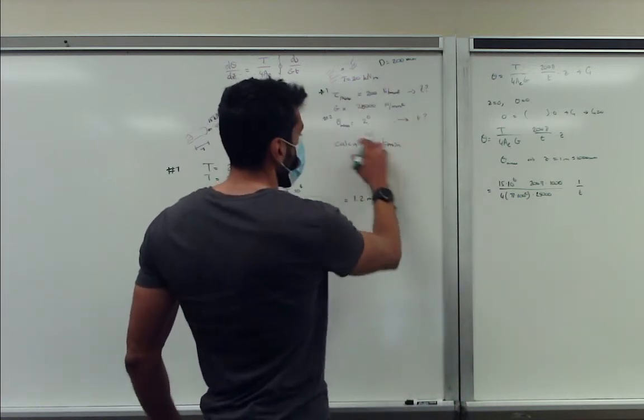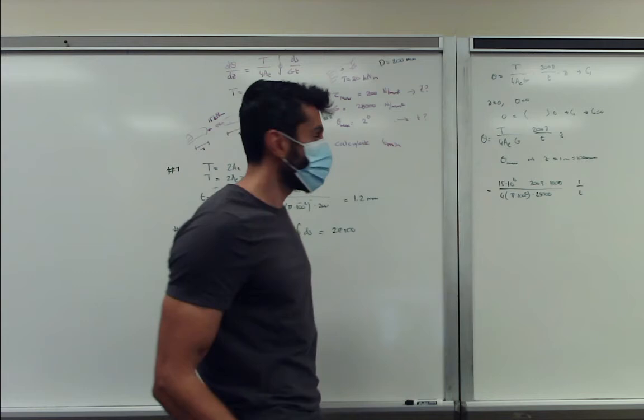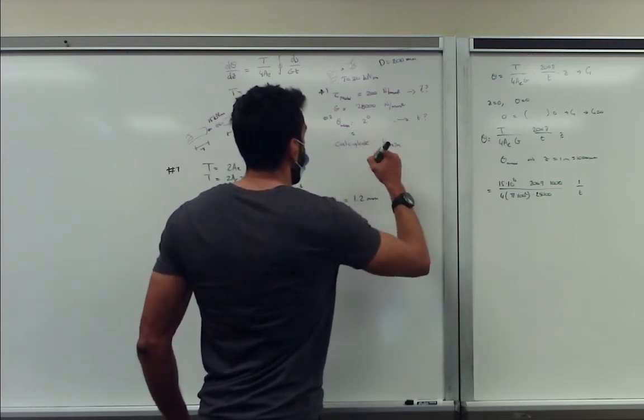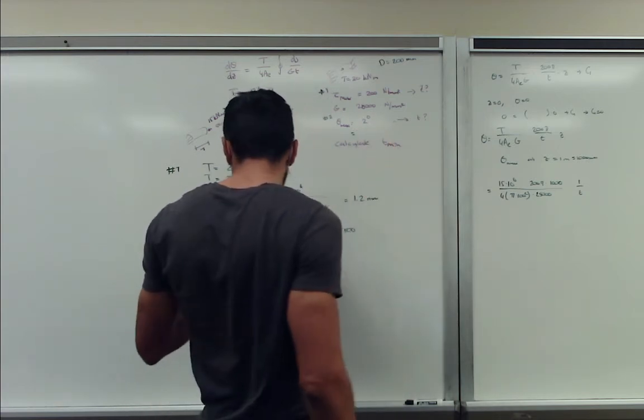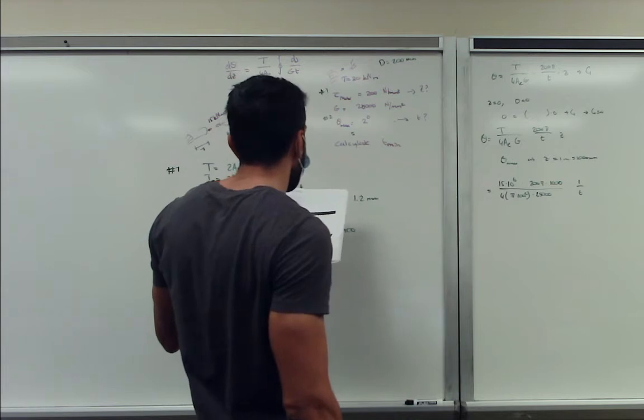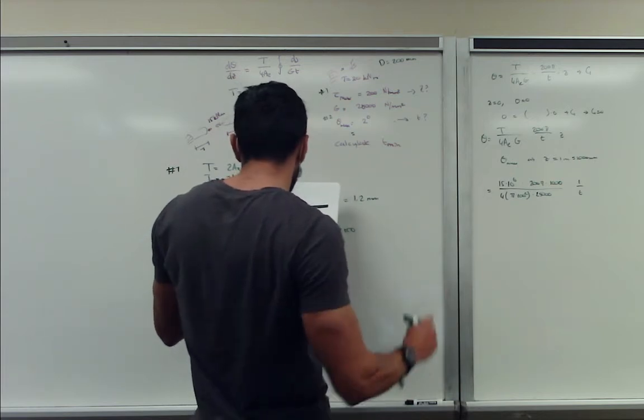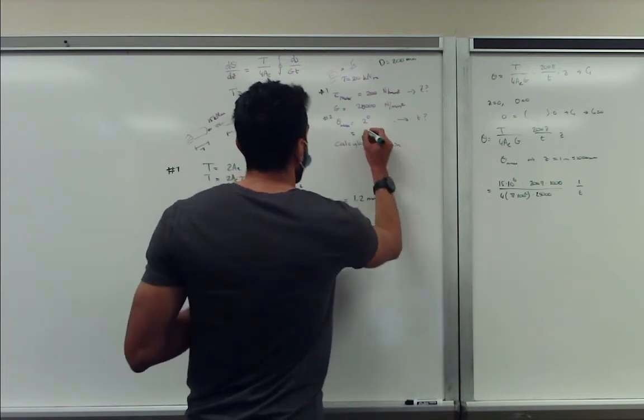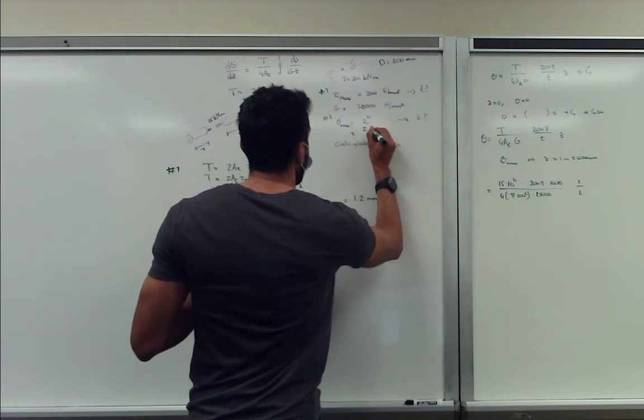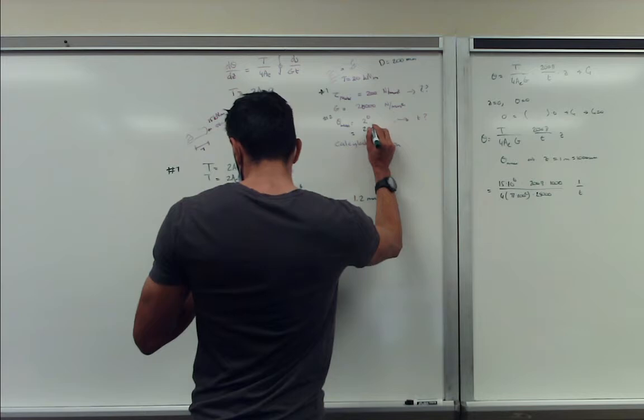So 2 degrees. This equation, however, is given in radians, so we have to convert this to radians. So we basically multiply by pi over 180. Is that correct?